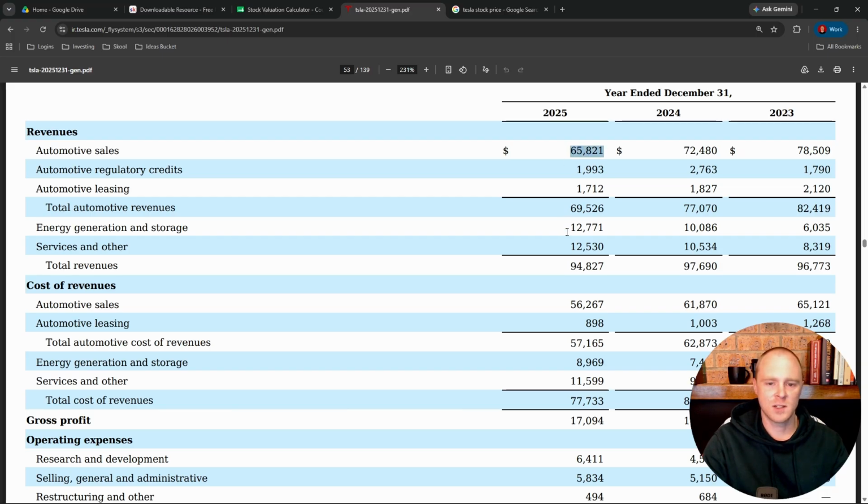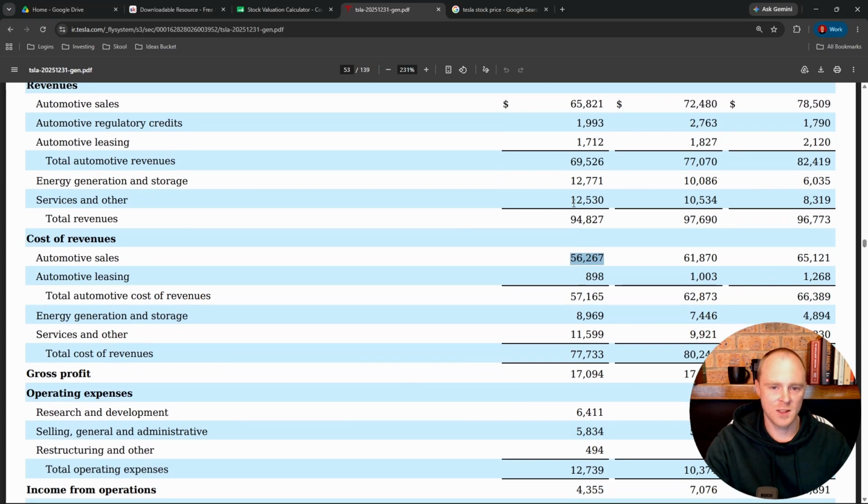So for instance, 65 versus their cost of 56. So there's only 10 billion that they're getting from a 65 billion outlay. And then similarly for the services business, 12.5 billion in sales for a cost of 11.5, which is only making 1 billion, and similar for the energy generation.